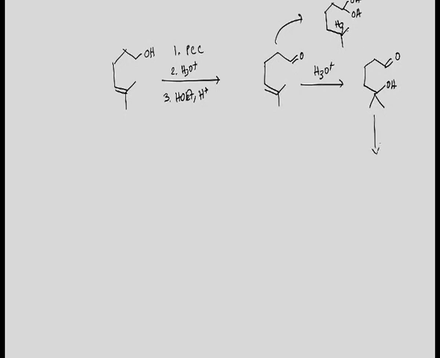under acid condition what will happen? Under acid condition this OH will react with the aldehyde, or this will react with the aldehyde hydrate. Here water will eliminate, and here this cyclic compound will form. So, this is the hemiacetal.